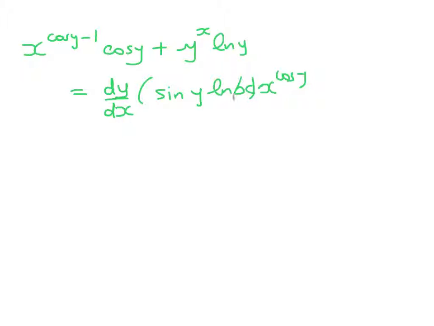Now we should probably put some brackets around there. Minus y to the x minus 1 times x. So in the end, this is my answer for dy by dx.